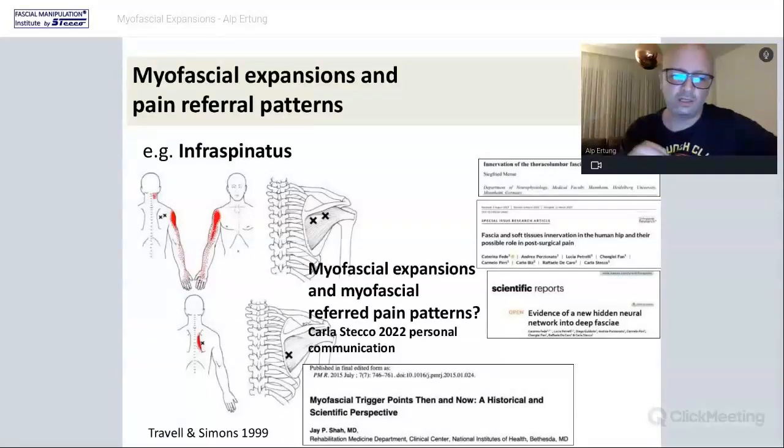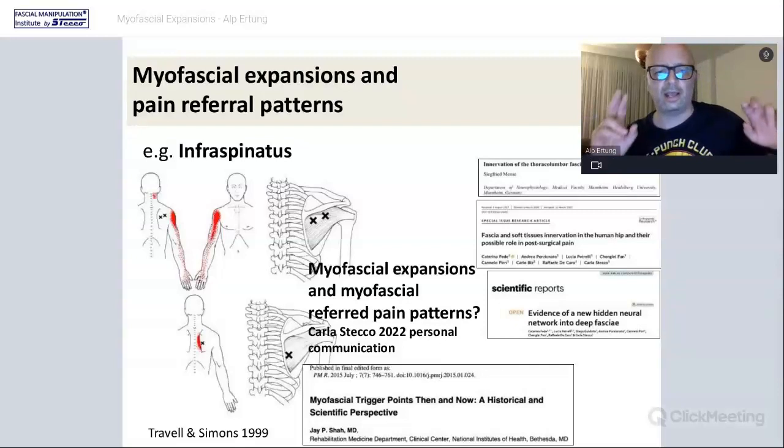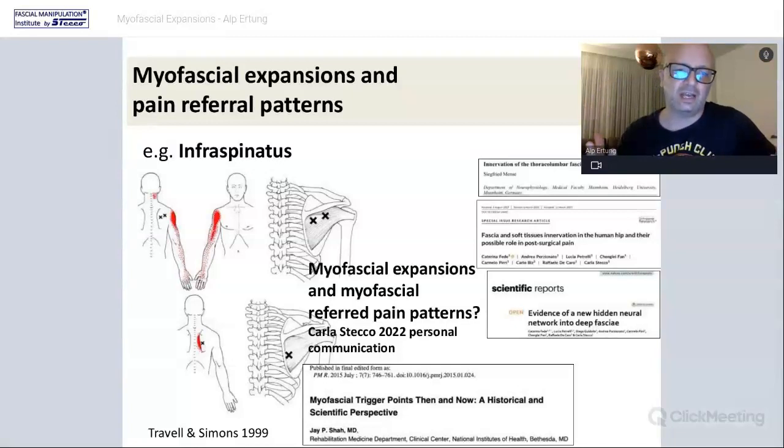She says, I strongly believe that the referred pain patterns are due to the myofascial expansions. This is not actual scientific evidence, of course, but it can give us an idea. There are some explanations that we can understand.